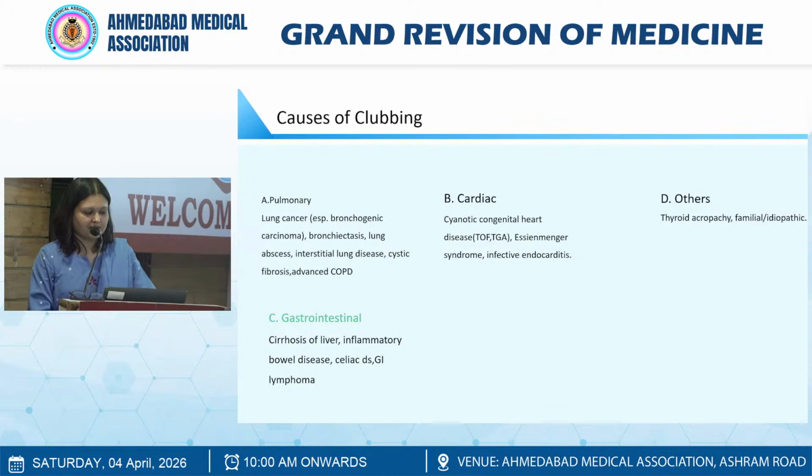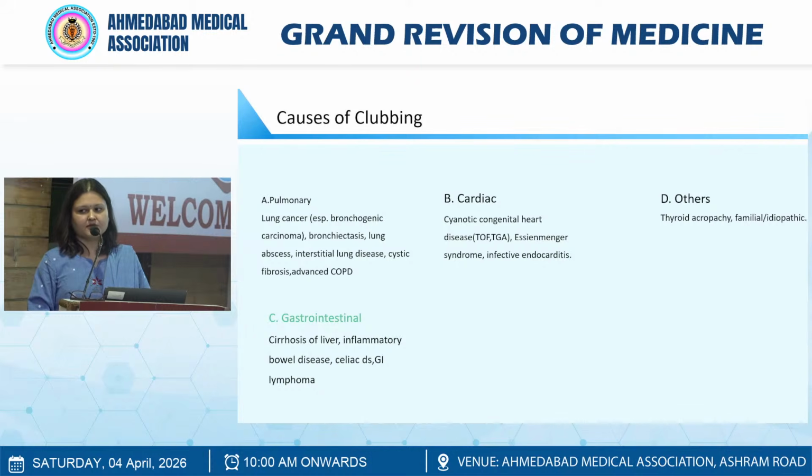So let's see the causes of clubbing. Pulmonary: lung cancer, bronchogenic carcinoma, bronchiectasis, cystic fibrosis, advanced stages of COPD, ILD. In cardiac: cyanotic congenital heart disease like TOF and transposition of great arteries, Eisenmenger syndrome.